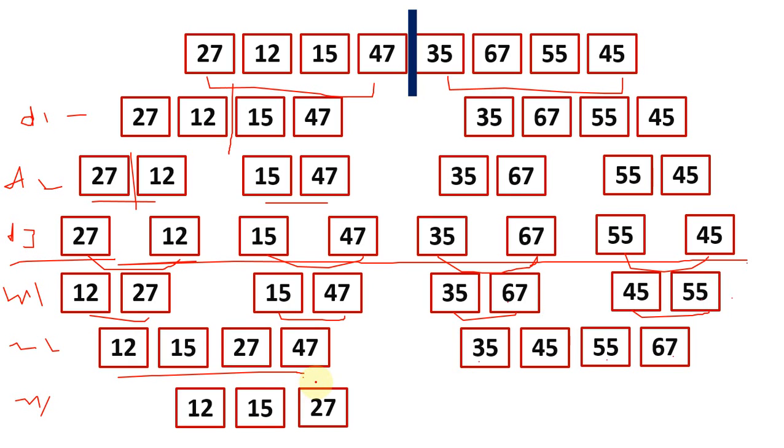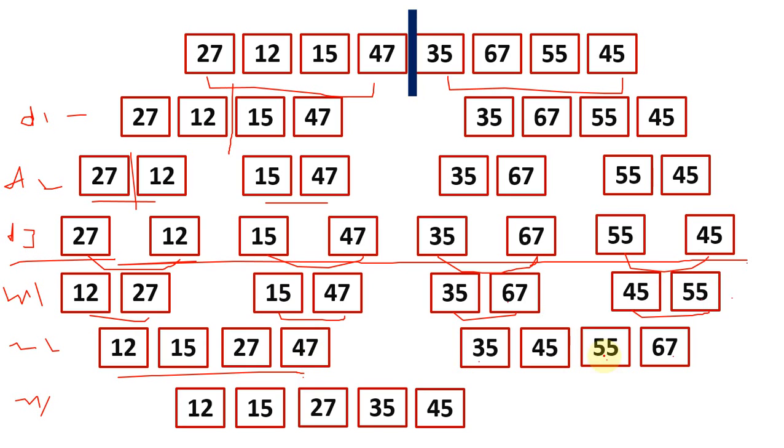Next 47 and 35 will be compared. As 35 is less than 47, 35 will come here. Next, 47 will be compared with 45, because 45, the second element of the second list, is smaller, so 45 comes here and 47 stays. Then 47 and 55 are compared.